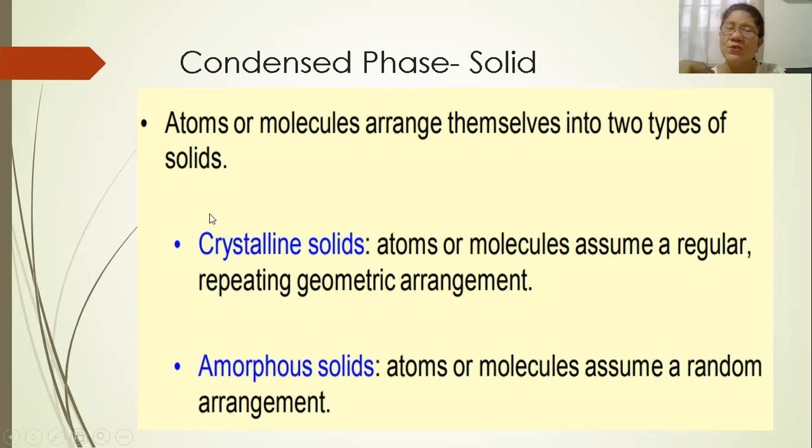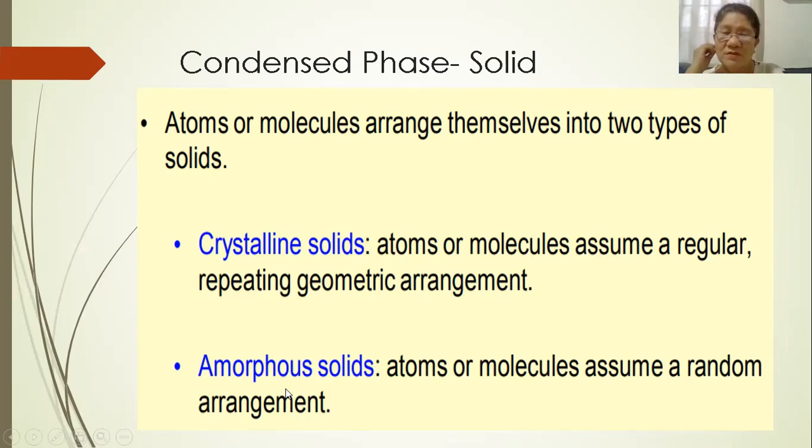In the crystalline solid, there is a regular repeating geometric arrangement of the atoms or molecules. An example of this is ice in the form of a solid. It has a repeating geometric arrangement.